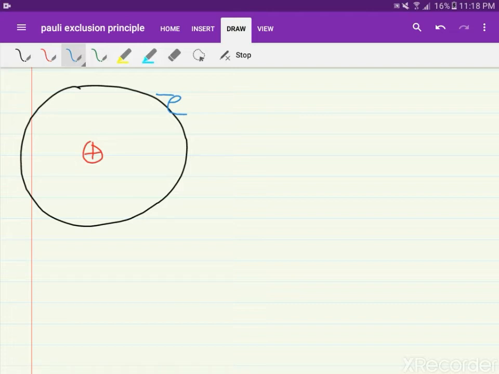This is already described by the wave function, but what about for other elements? For example, this is hydrogen. What if we want to know the wave function for helium? So let's add here another proton, and of course there will be another electron in the cloud.